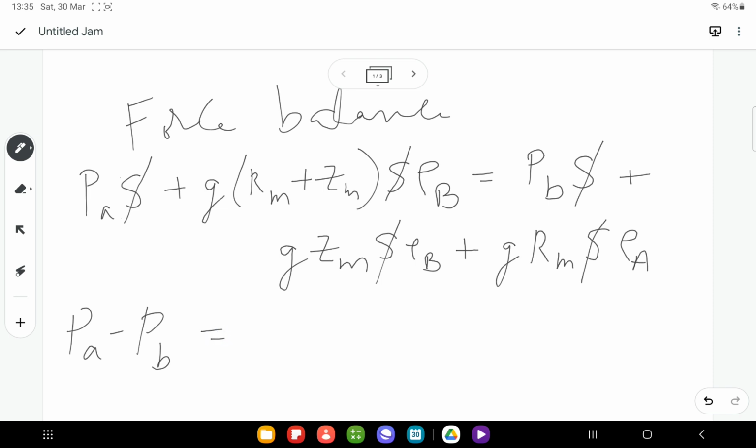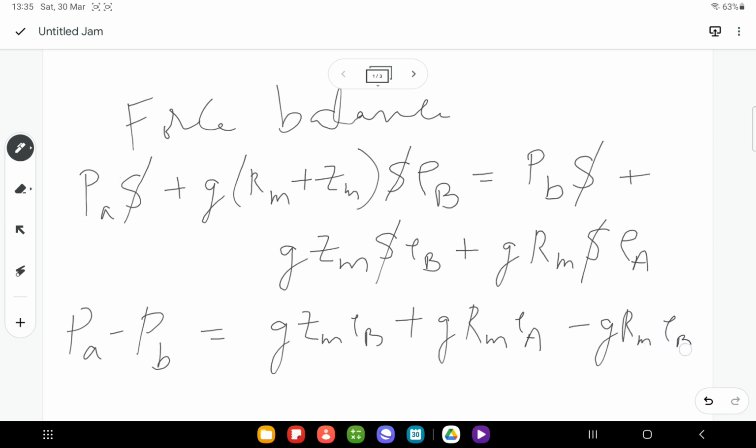So PA minus PB is equal to g Rm rho A, these two terms I wrote the same as they are, and this term I take to the right hand side, so it becomes minus g Rm rho B, and minus g Zm rho B.